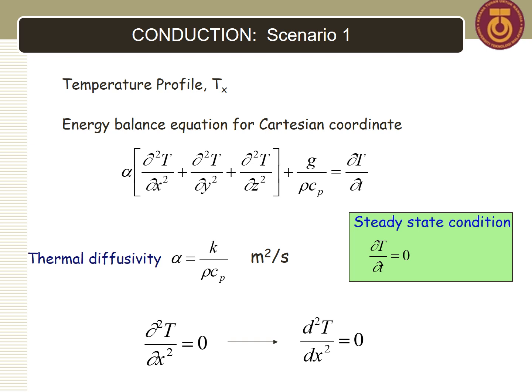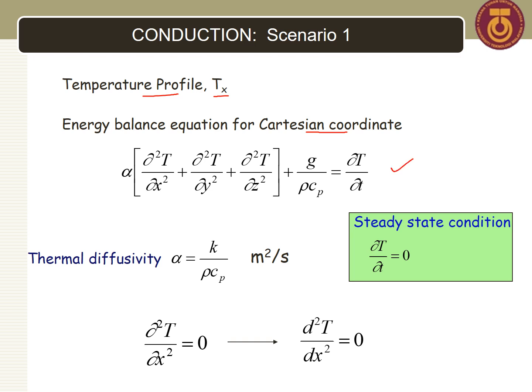Let's derive our second equation under scenario number 1, that is for the temperature profile T(x). We need to start from the energy balance equation, and since this is a Cartesian coordinate system, we will start from this basic equation.